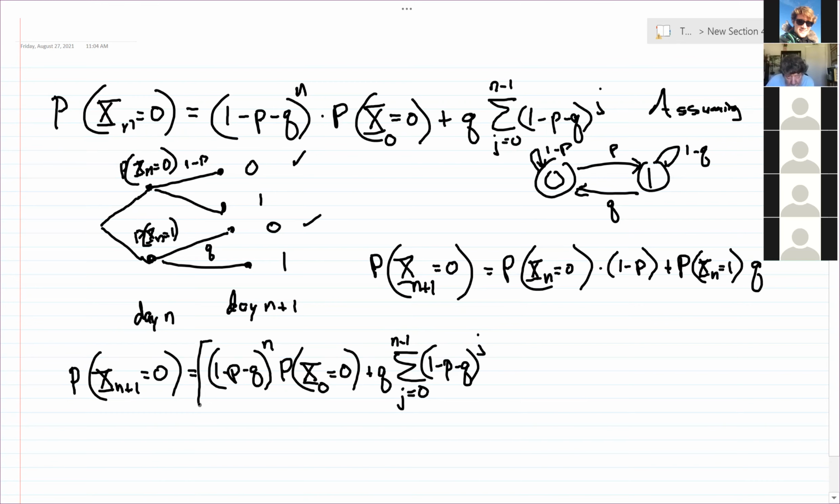So it's all of that times 1 minus P. Plus, what is pi n1? Well, pi n1 is really just the complement of the other one, pi n0.